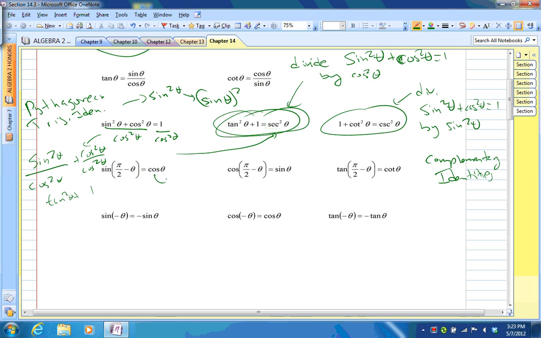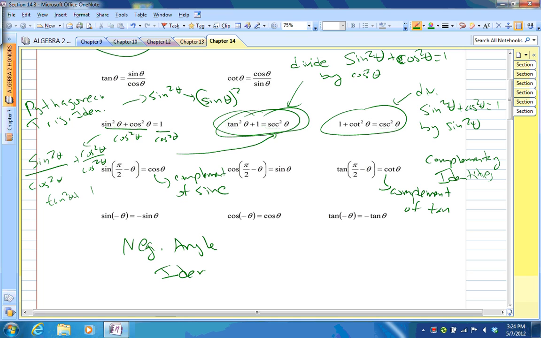Cosine really means the complement of sine, and cotangent means the complement of tangent. And lastly, these are the negative angle identities.